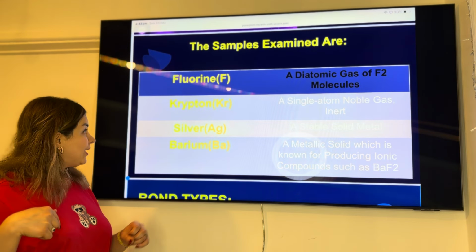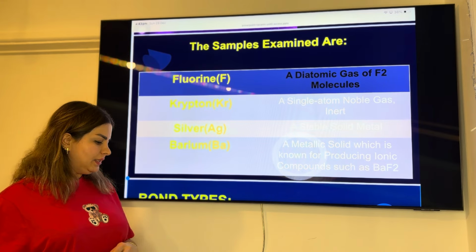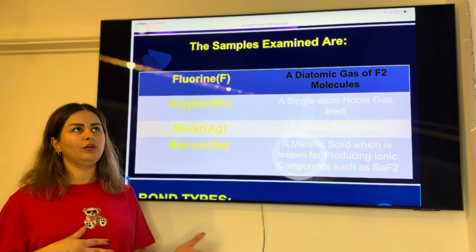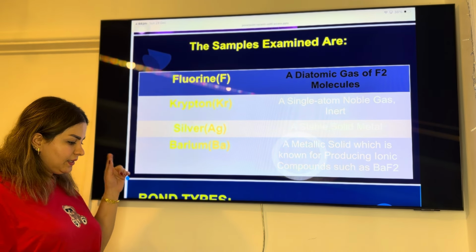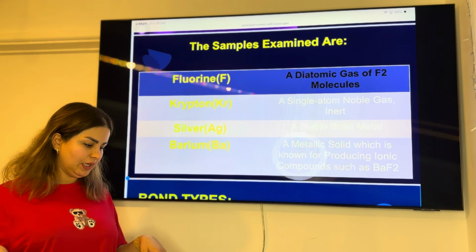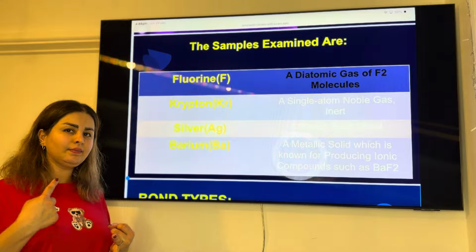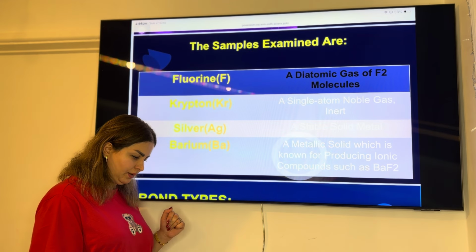Silver is a transition metal, and barium is an alkaline metal, which is also called an alkaline earth metal. So together, these samples allow us to explore a wide range of bonding types, including covalent, metallic, ionic, and coordinate bonding.